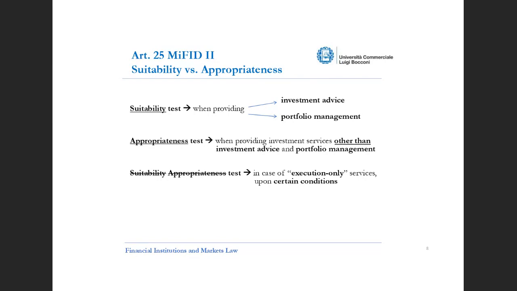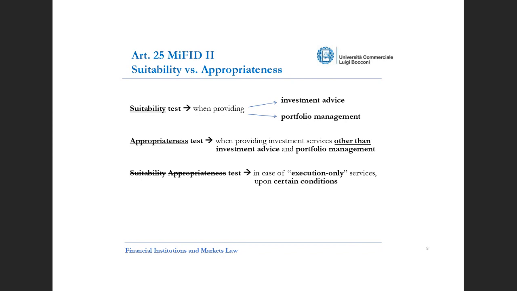It would require an excessive amount of time. So we have to look once again at the basic provisions that really make up the core of investor protection under MiFID. The first set of these provisions is undoubtedly the one on suitability and appropriateness.